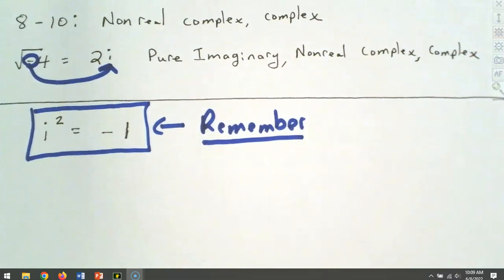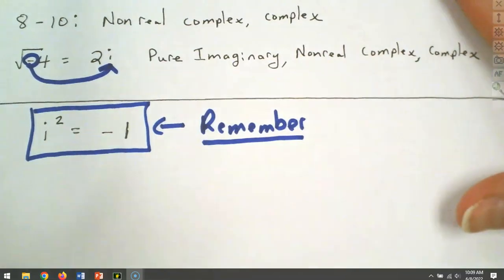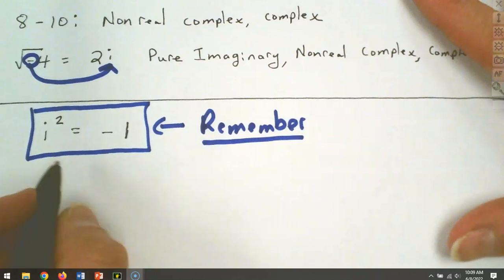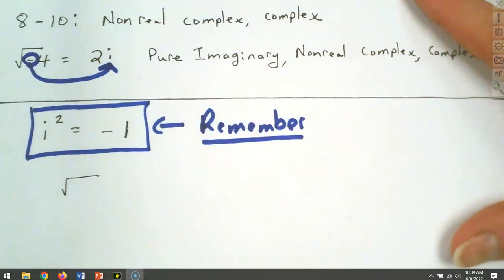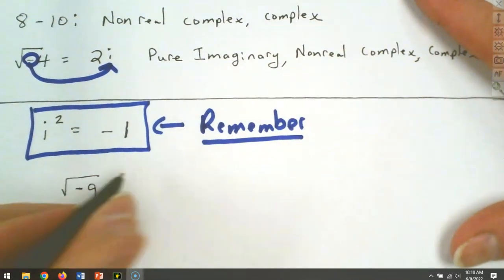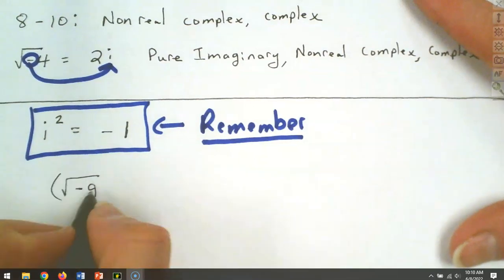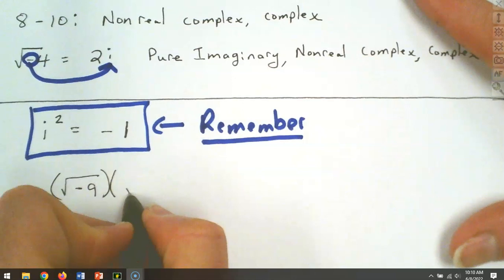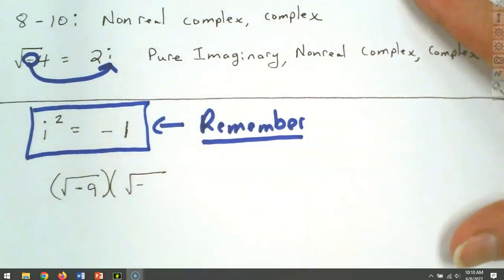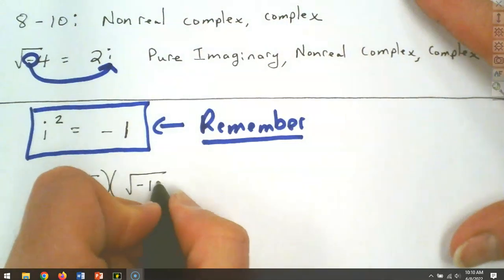So we'll just do 2, maybe 3 of these, and then we're going to focus the last part of this lecture on standard form. So let's go ahead and multiply these square roots together. Let's say I just give you the square root of minus 9 times the square root of minus 13.